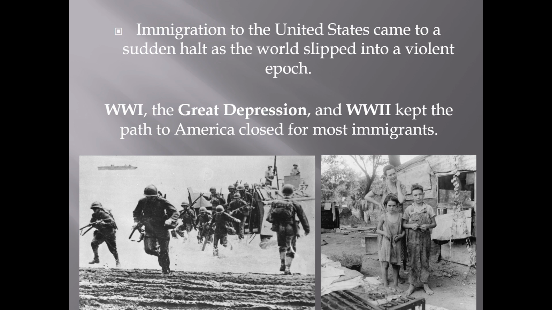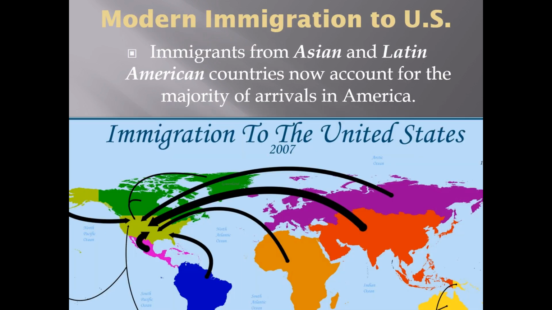Specifically, they set limits on the number of folks that could come from Southern and Eastern Europe. They cut off Asian immigration entirely. So they only really gave preference to Northern Europeans, like the English, Germans, and Irish. So again, it kept our country very English and German in our origins all the way up until the 1960s. And then everything begins to change.